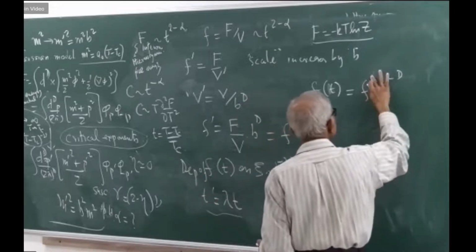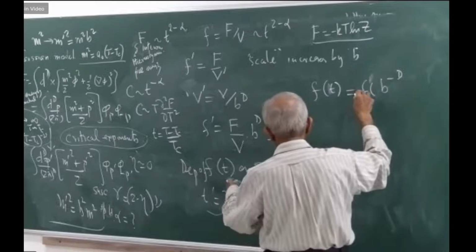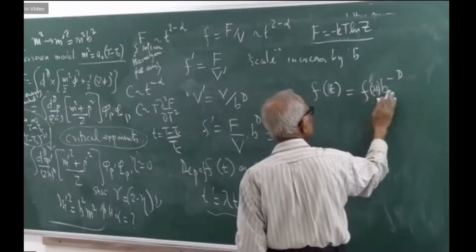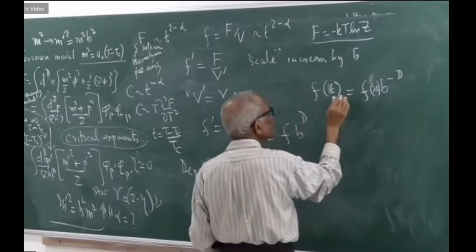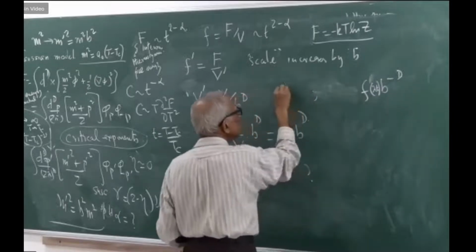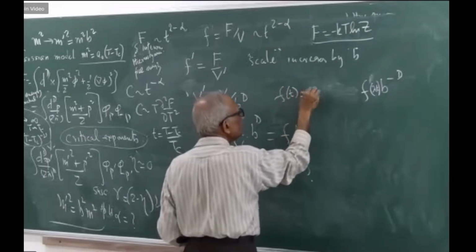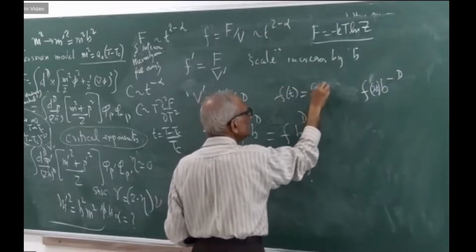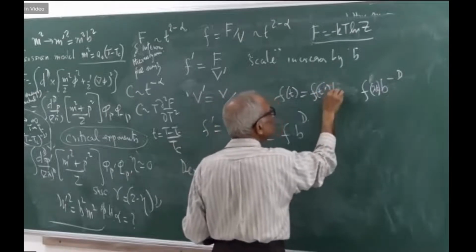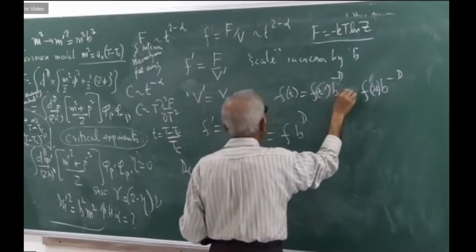So this is f at T prime, which is at lambda T. And so, putting in the in-between steps, F of T is f at T prime, and then is equal to b to the power minus d.